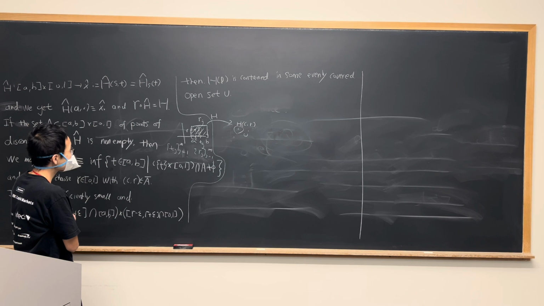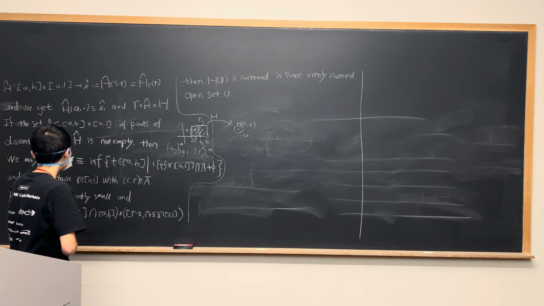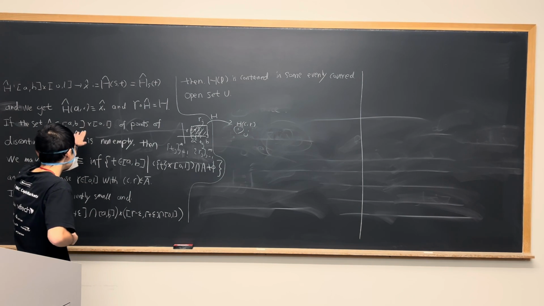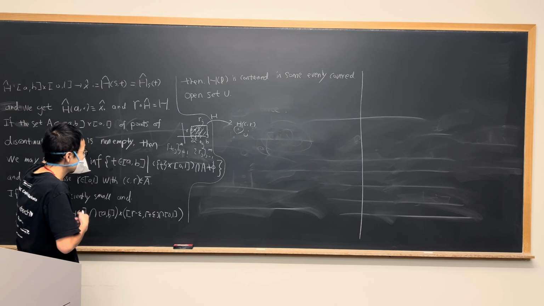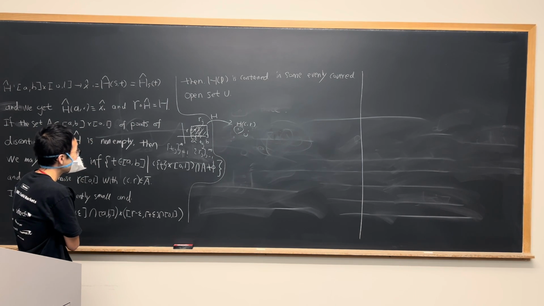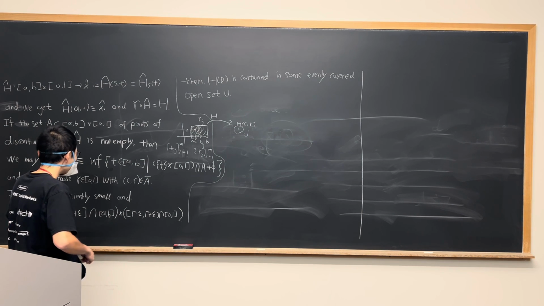If it is open, then it is open in the topology, right? This topology is given by the subspace topology. So if you take the subspace topology, then being open means that it is some open set intersect this [a, b] cross [0, 1], where the open set is open in R^2.